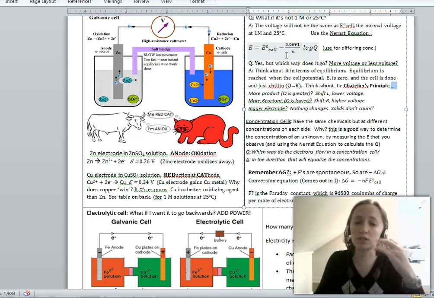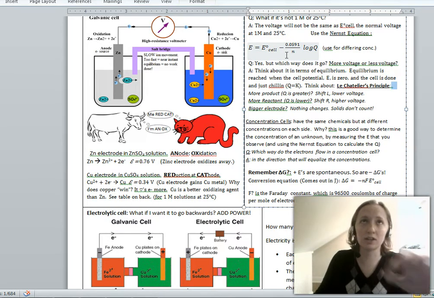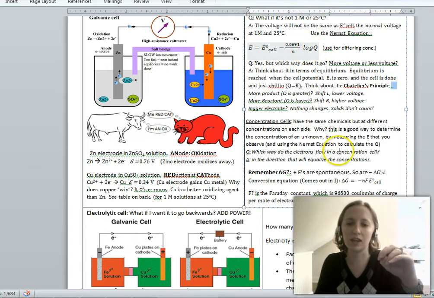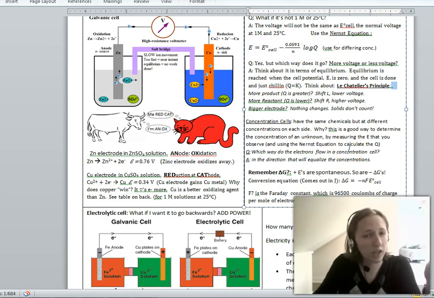Typically, under standard conditions, a concentration cell would have 1 molar and 1 molar, and you would end up with 0 volts. But because the concentrations are different, you end up with a small value here. You're not really going to have to calculate one of these.